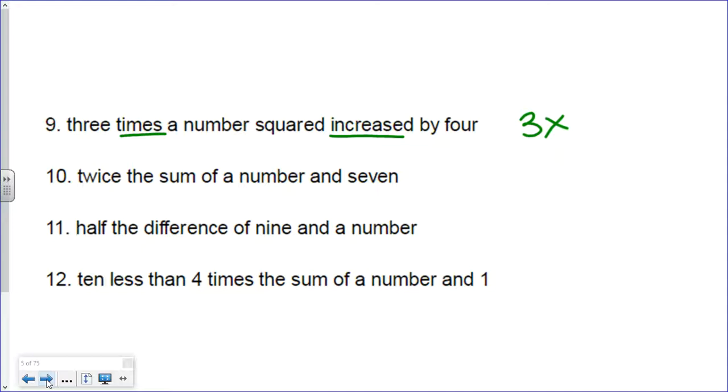Any ideas? No? Somebody help me out. What's that? Squared's not adding. There we go. We're going to put the little 2 up there. Teamwork makes the dream work. Love it. What's increase mean there, Marcus?